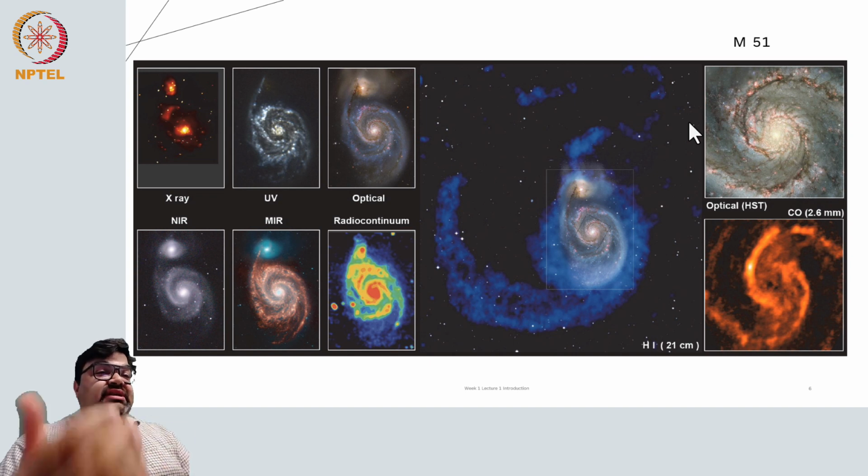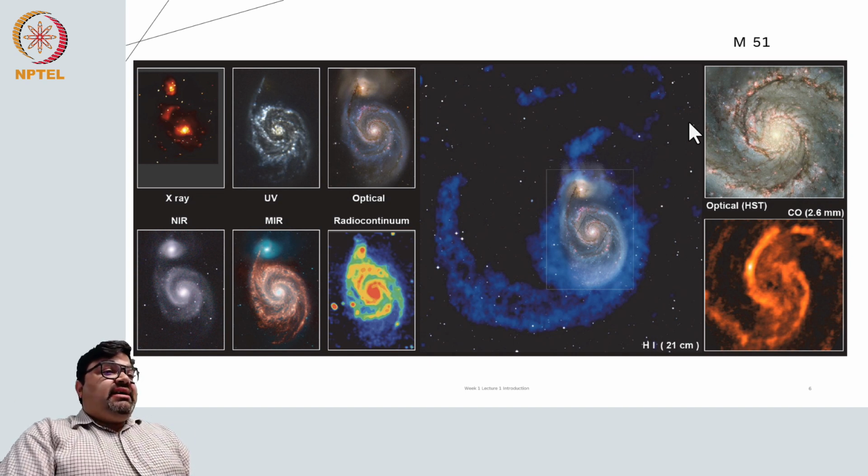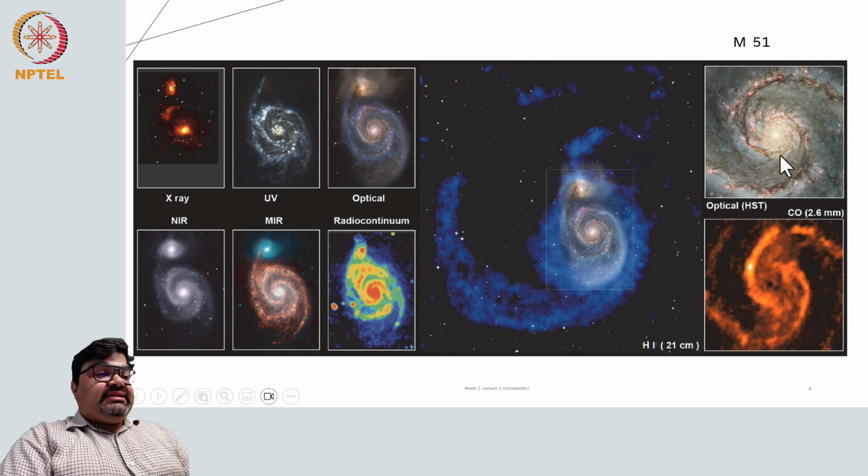This is the M51 galaxy, and you can see how again the same theme applies. How it looks in X-ray versus UV versus optical versus in H1 21 centimeter, that is 1.4 gigahertz, optical HST data, Hubble Space Telescope data, carbon monoxide line emission at 2.6 millimeters, then radio continuum, mid-infrared and near-infrared.